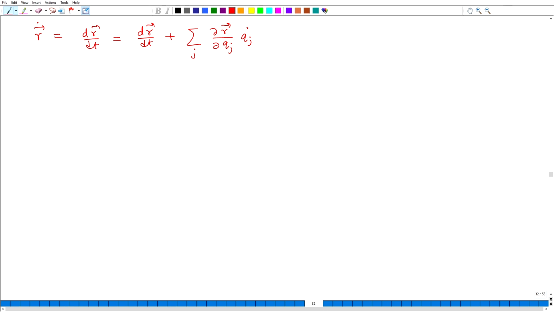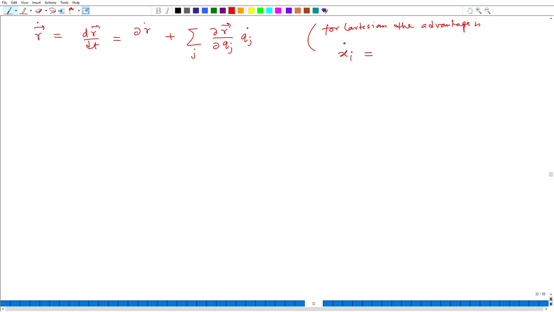For Cartesian, for any xi, i running from 1 to 3 for a 3D space, xi dot will be equal to, summation over... okay, I have written something wrong over here.